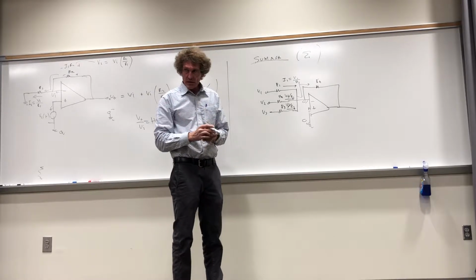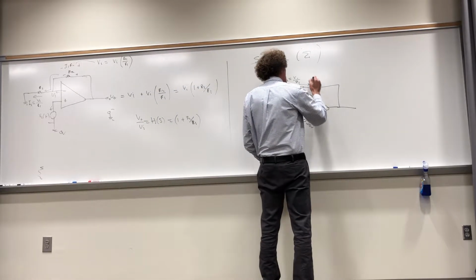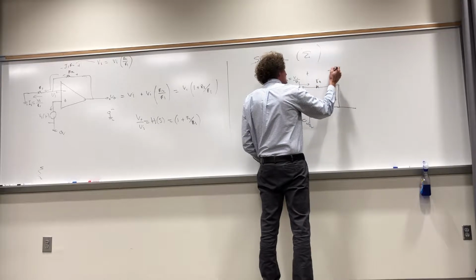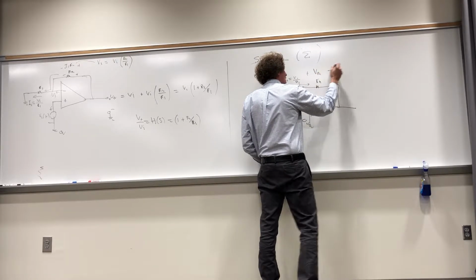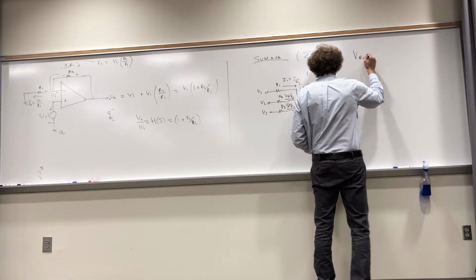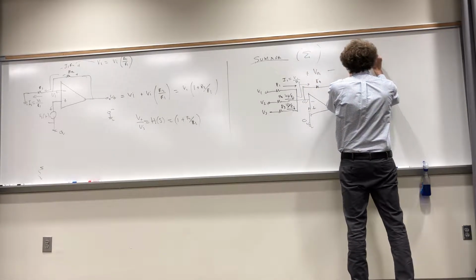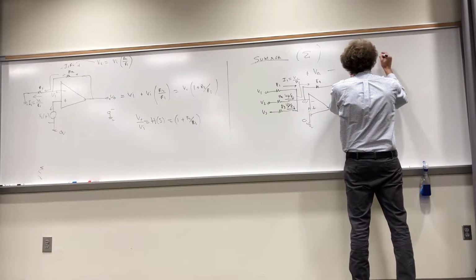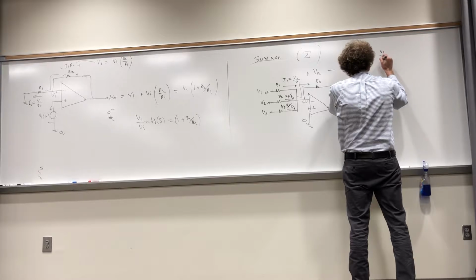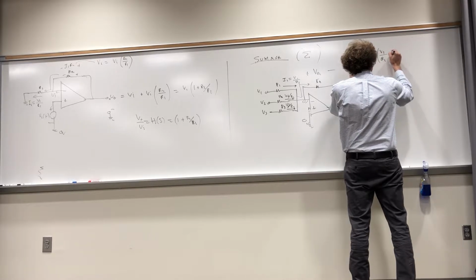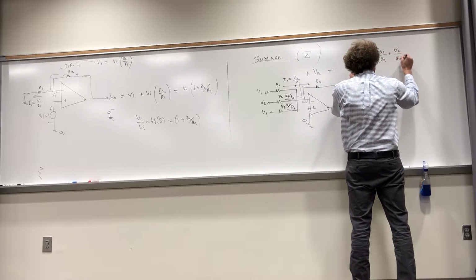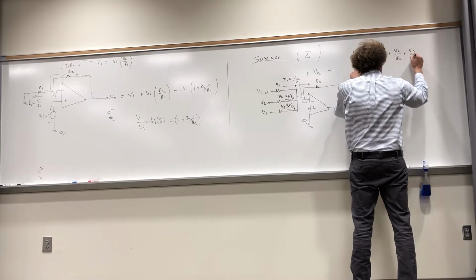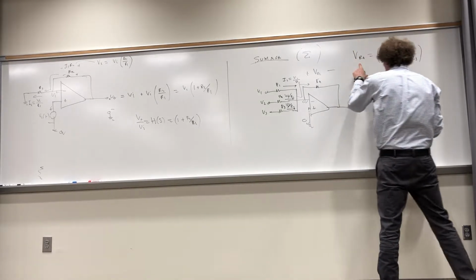Now, if that's the case, what's the voltage drop across R4? R4 times all those currents. Well, VR4, the way I'm showing it, would be the current, V1 over R1 plus V2 over R2 plus V3 over R3, right?